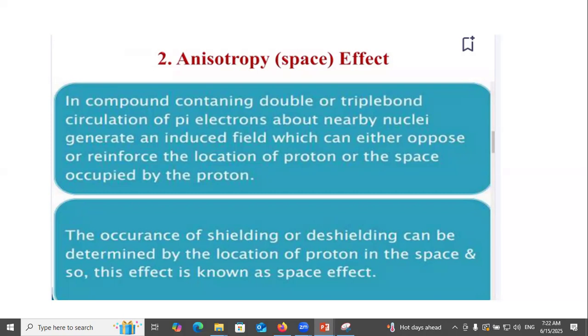The occurrence of shielding or deshielding can be determined by the location of the proton in space, and so this effect is known as space effect.